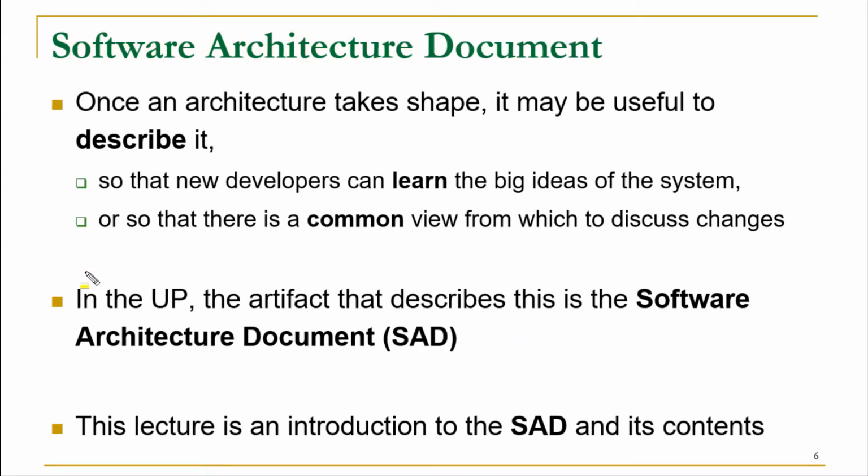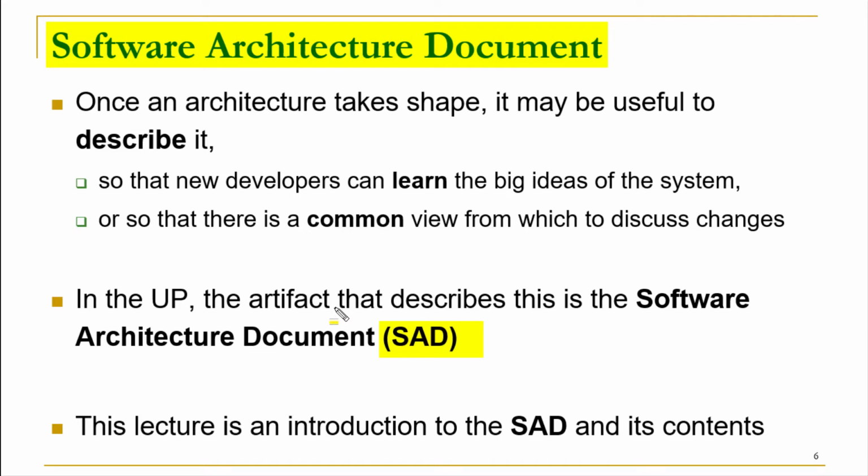For your information, the architecture that we just talked about has to be recorded somewhere, and the document that we use to record that architecture is usually called the software architecture document. In short, we call it SAD. Well, it's not that sad, but this document is used for recording the details of our architecture.